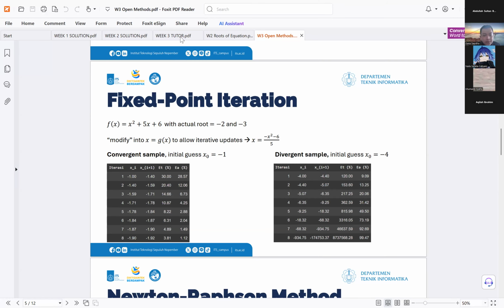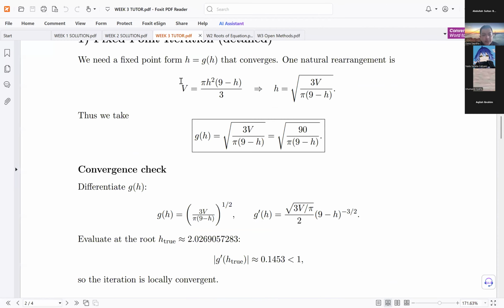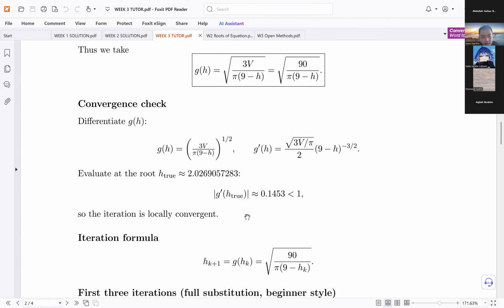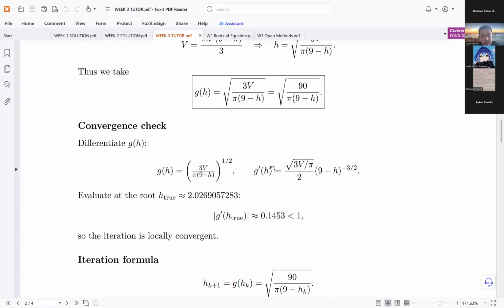So we have to know that the formula we modify converges. How to check it is just to differentiate the formula. Maybe you already know this from first calculus: d per dx of the formula.